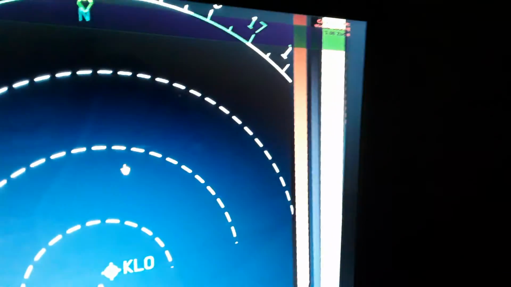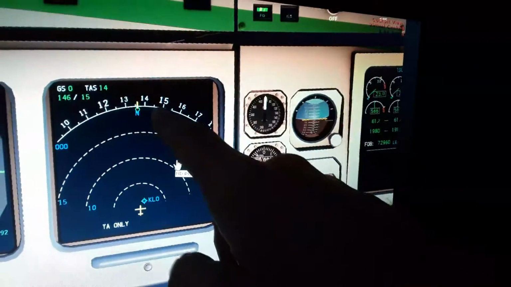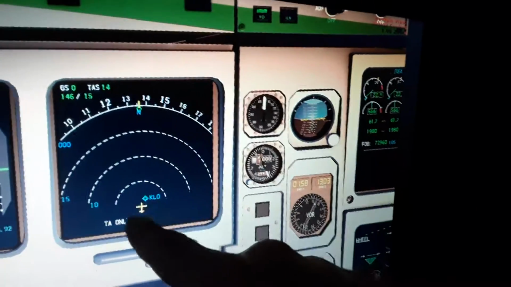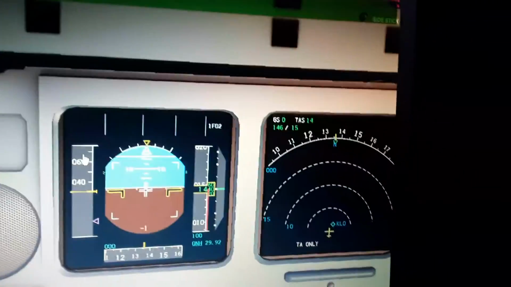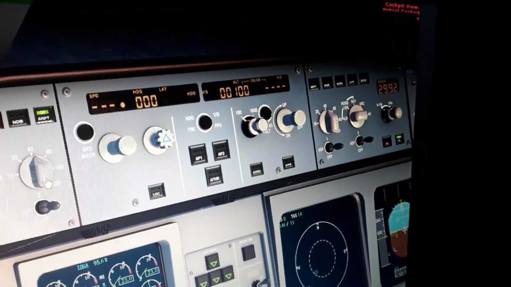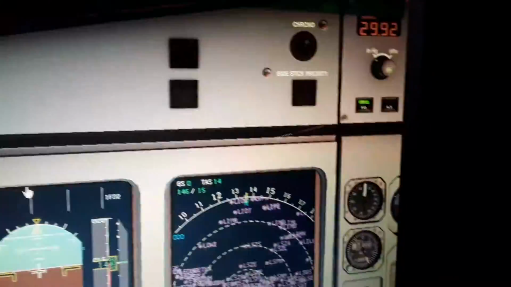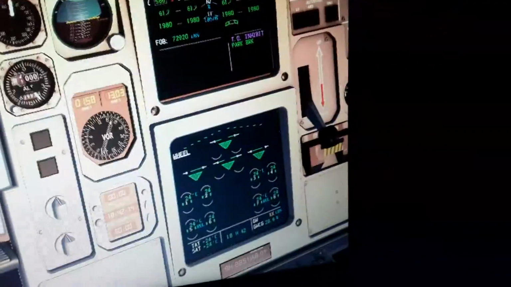Here we have the navigation display. You can see the magnetic or true heading. I can show you some more airports here, or waypoints. If I press the airports here, I'm going to have some more airports around the aircraft. I can have terrain on the display, maybe.